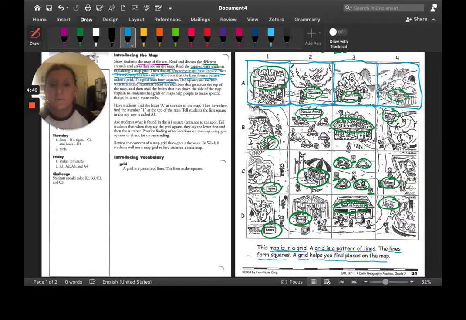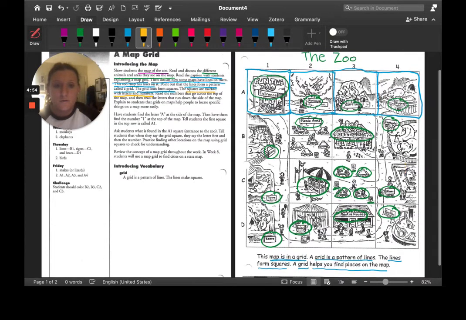Now, the next part we're going to be talking about is that these squares are marked with letters and numbers. So let's go ahead and change our color here. And then let's go back to our grid here, to our map.